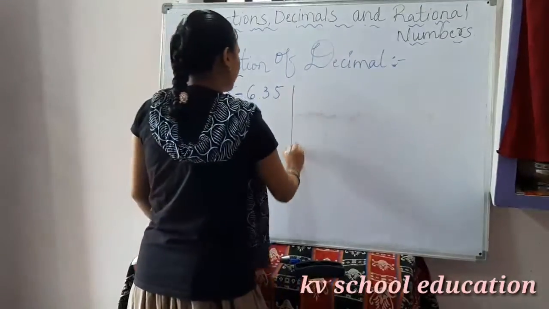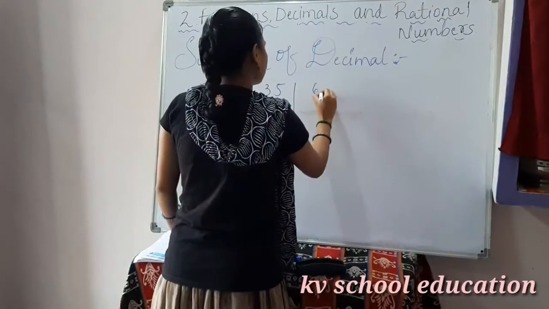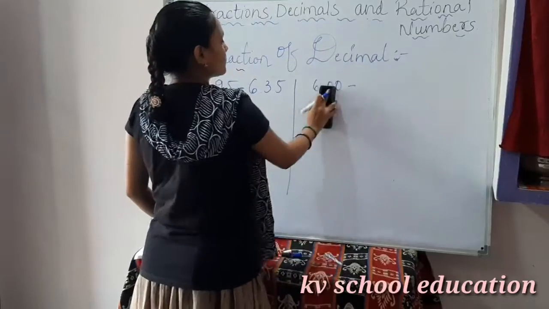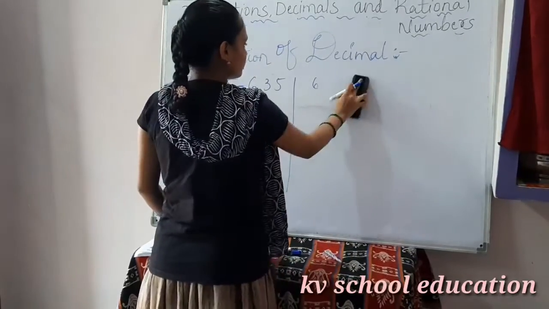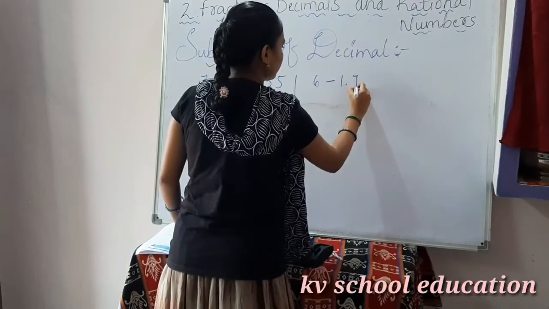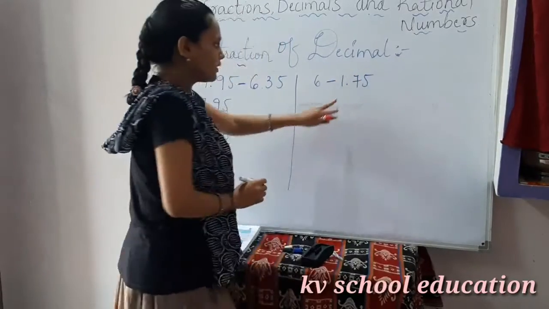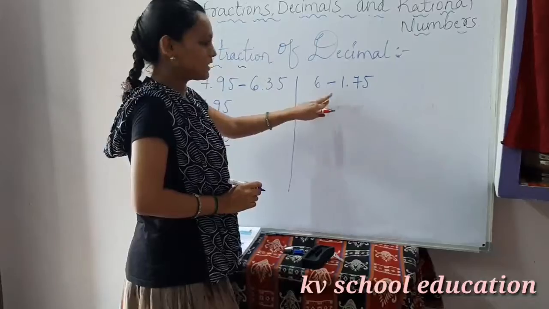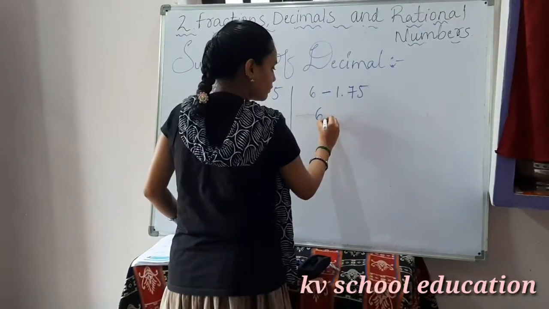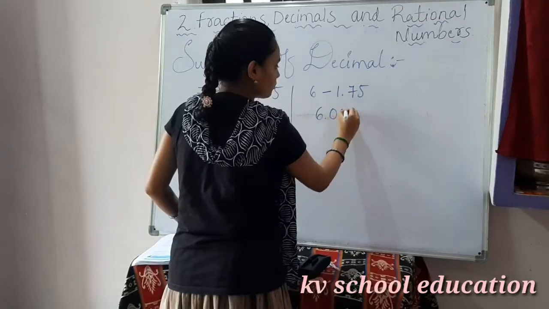And one more example, 6 minus 1.75. If there is no point, we should take 0.00.